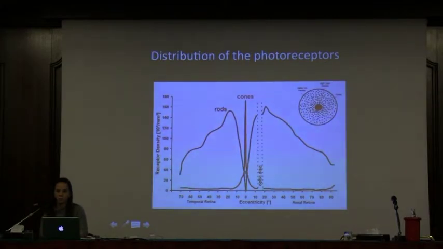The periphery of the retina mainly contains rods, which you can see on this curve. So if you take a look onto the retina, you can see that the very center contains only the cones, and here you have cones and rods, while the rods are much more numerous.